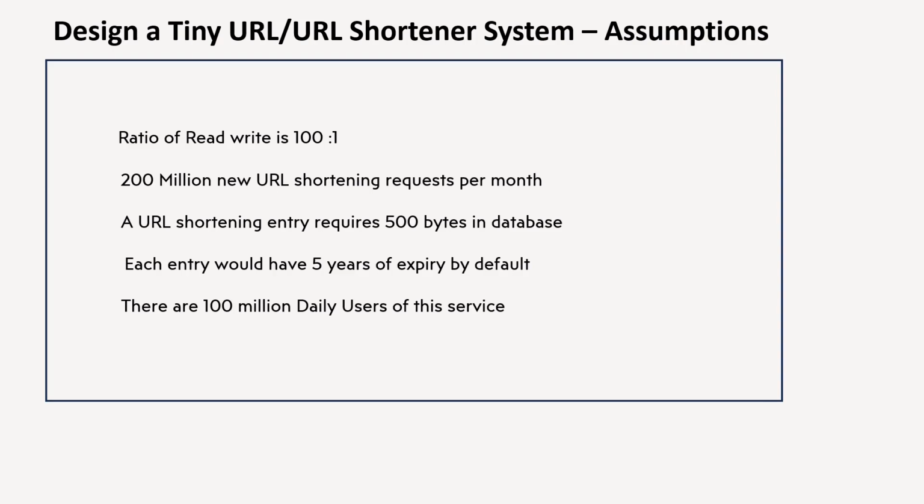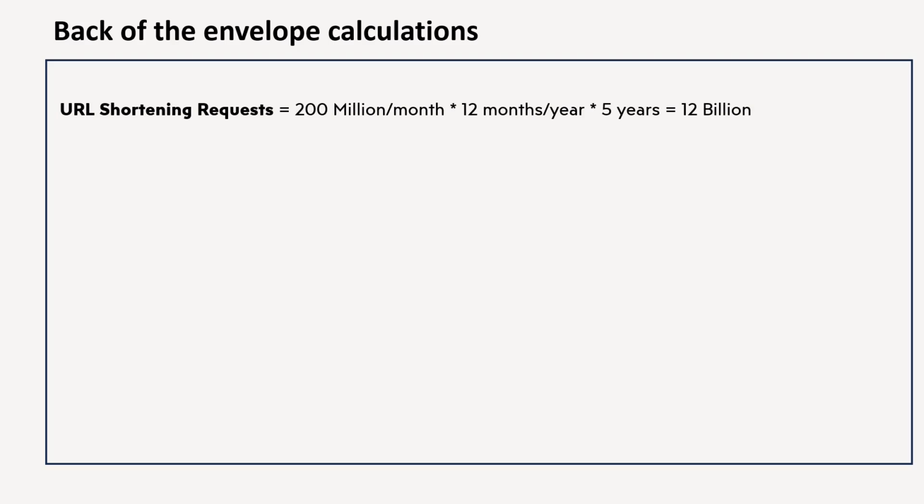Based on these, we are going to do some back-of-the-envelope calculations required for the infrastructure of your system. First, we have assumed that there will be 200 million shortening requests per month.